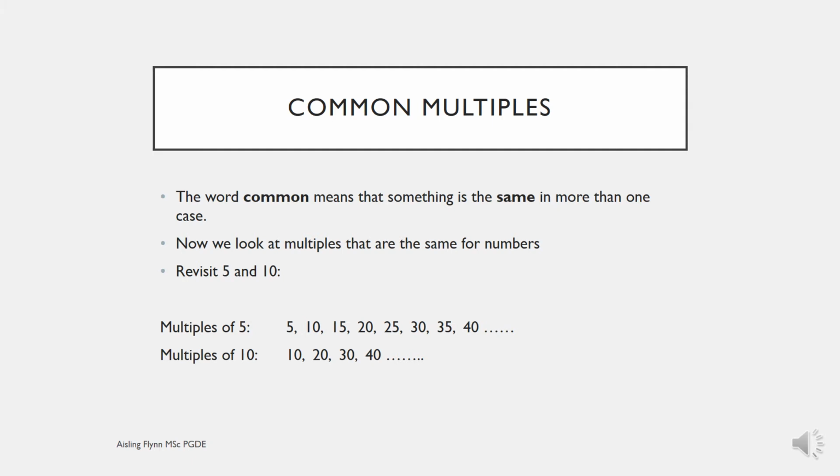Let's look at the ones that are the same, or the ones that are common. 10 is here for 5s, and also for 10, so they are common. 10 is common. 20 is common. 30 is common, and 40 is common. 10, 20, 30, 40, and there's many more, are common multiples of 5 and 10.